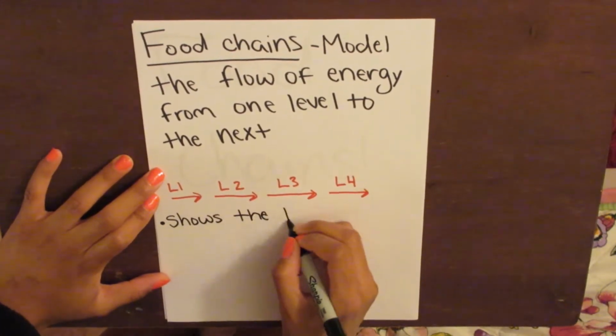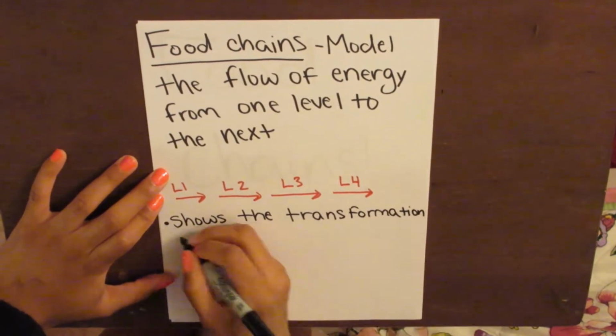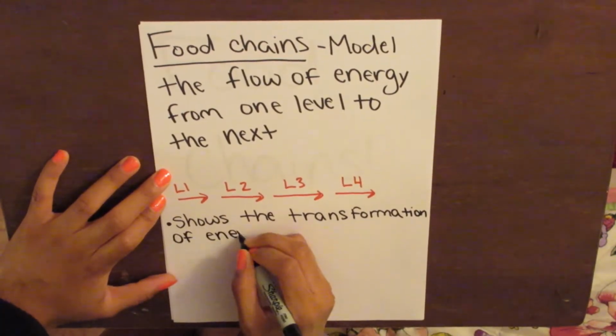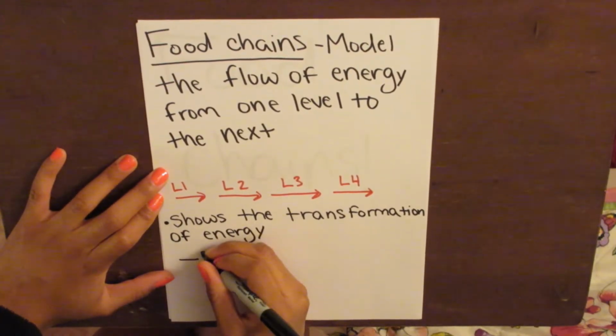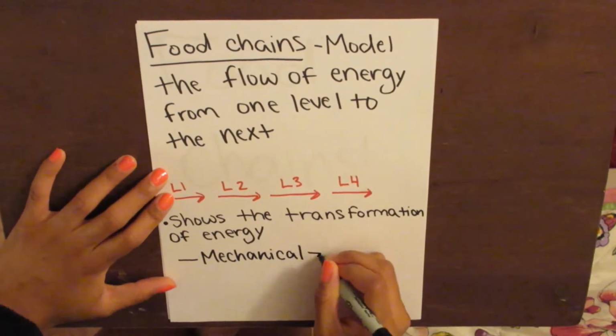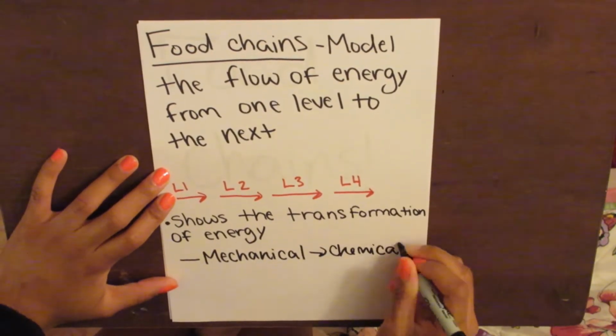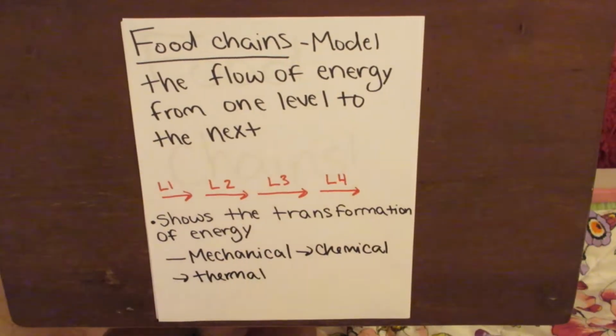It shows the transformation of energy between these organisms. Now, we've talked about energy transformations in class before. This is a little bit different. Normally we see things where we have mechanical energy to maybe chemical energy to thermal energy.